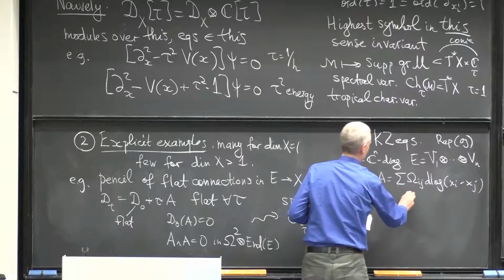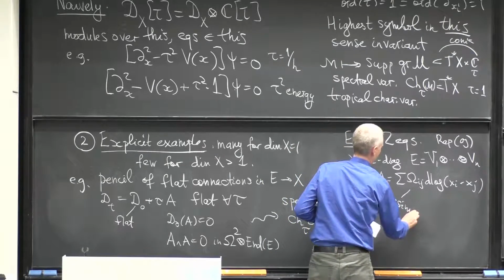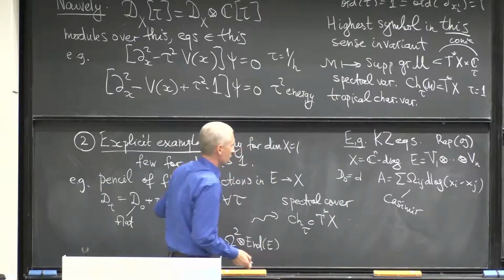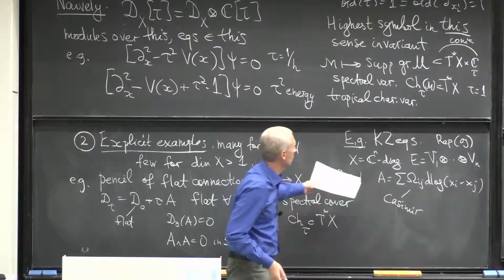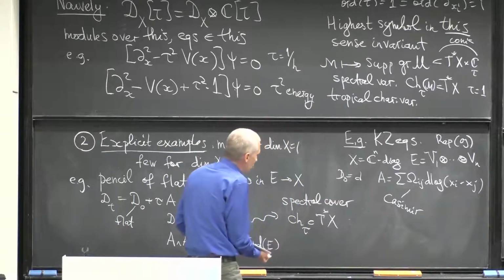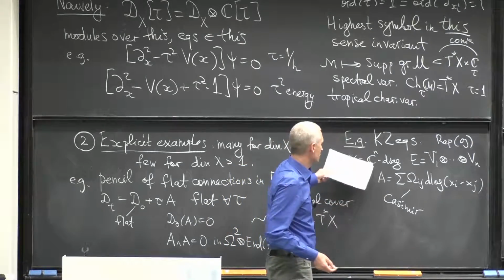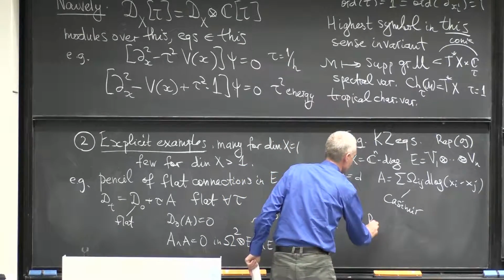Those are the Casimir operators. So that's one of the few cases when we can simply write this equation and say, okay, we have an actual pencil. And this has been studied from the WKB point of view by Reshetikhin.